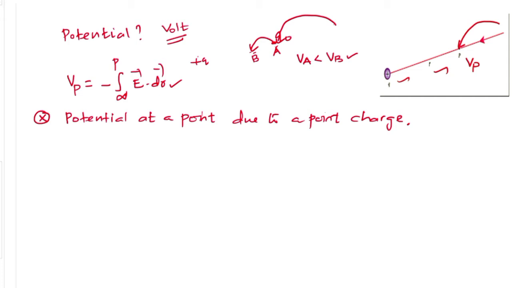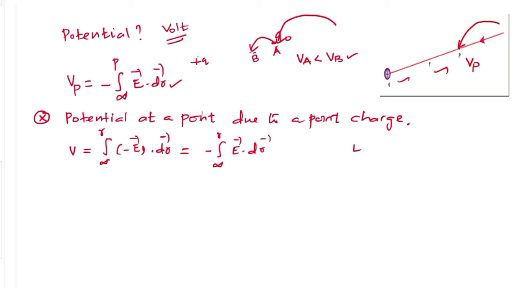So we can write V is equal to integral from infinity to r distance of minus E vector dot dr vector, right? You write that step. Then you can take minus outside, integral infinity to r, E vector dot dr vector. This step also is very important.